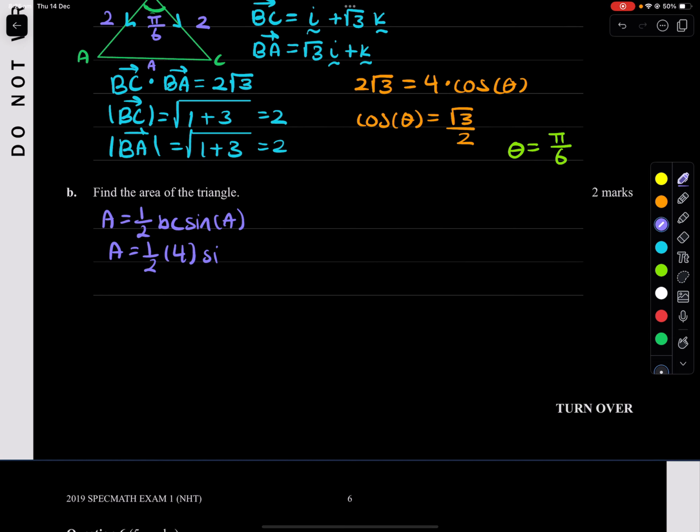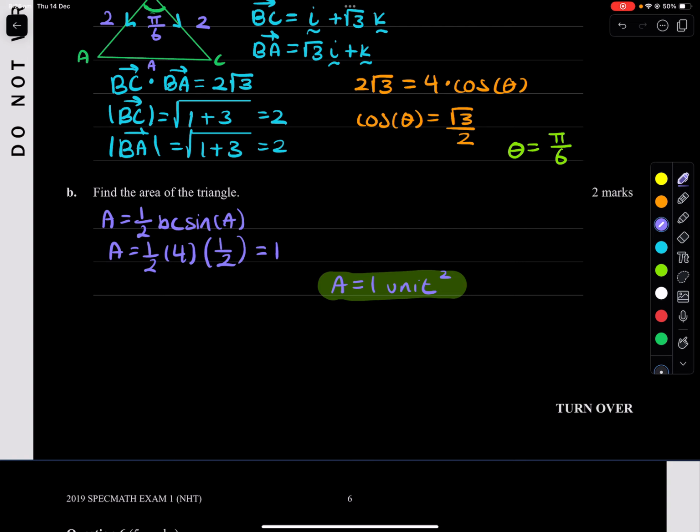And what is sine pi on 6? You should know it's just a half. So 4 times a half is 2, and 2 times a half is just 1. Hence, your area is just 1 unit squared. Done.